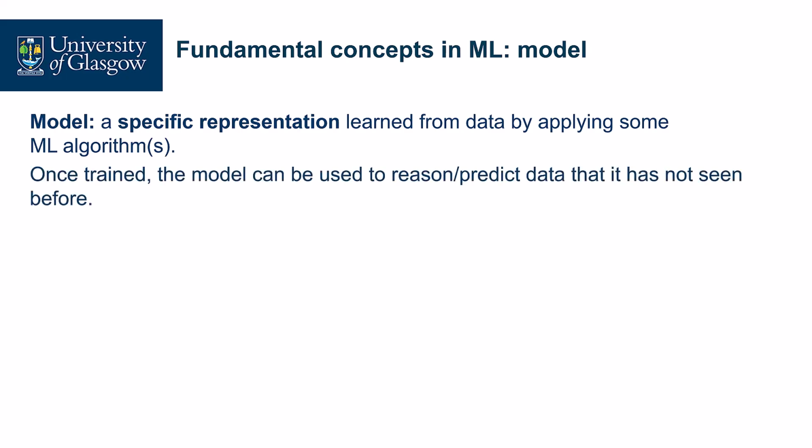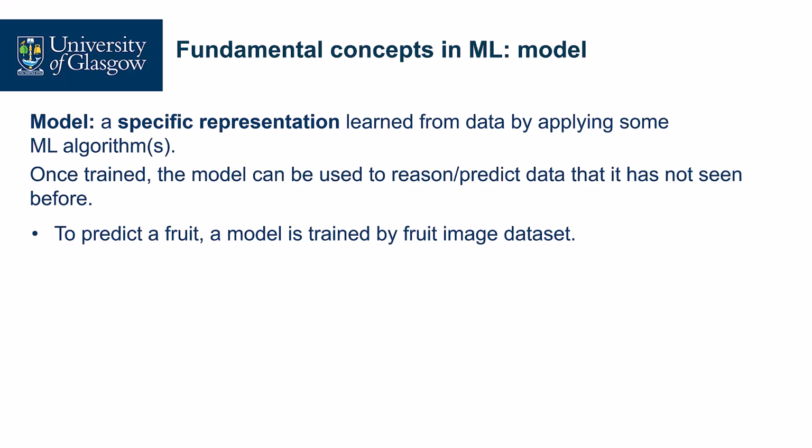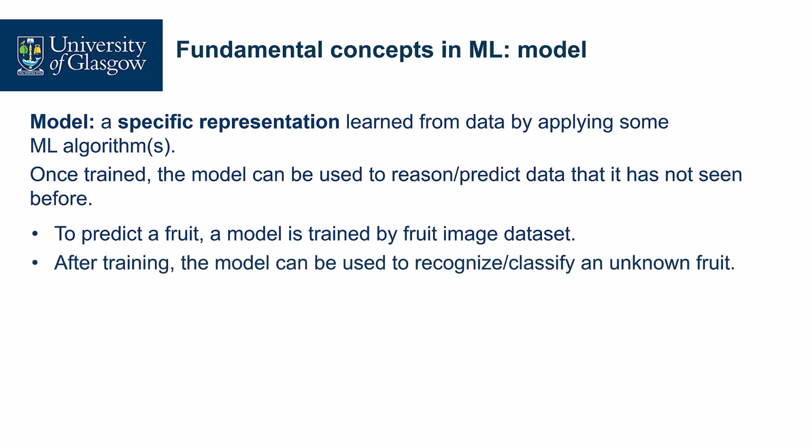So once the model is trained, it can be used to predict new things that do not appear in the data set before. For example, we want to predict a fruit, and the data set is a fruit image data set, and the model is trained. Then after that, the model can recognize a fruit that was not given before.